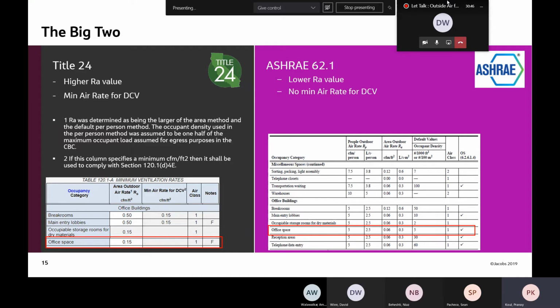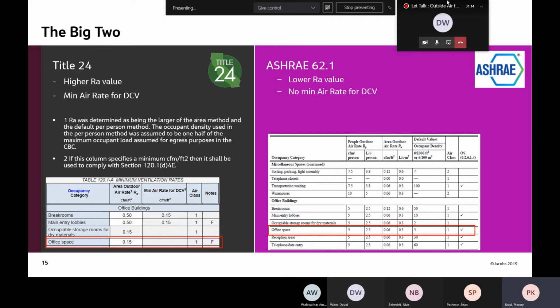So in Table 120.1, within the minimum ventilation rates, if you go on the Title 24 website, you shall see this table, which indicates your Ra value, your minimum air rate for demand control ventilation, your air class, and your notes. Doing a comparison, for an office space the Ra value is 0.15.